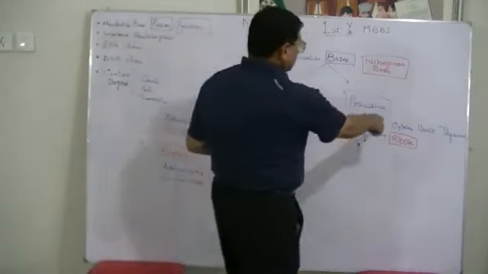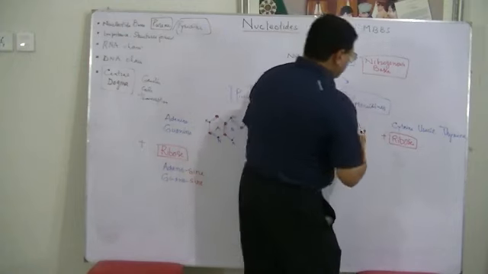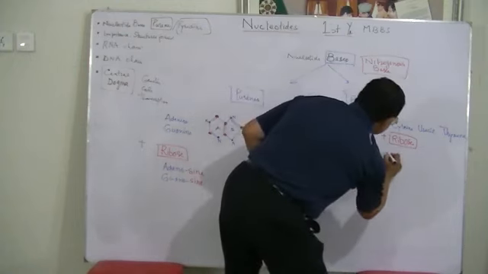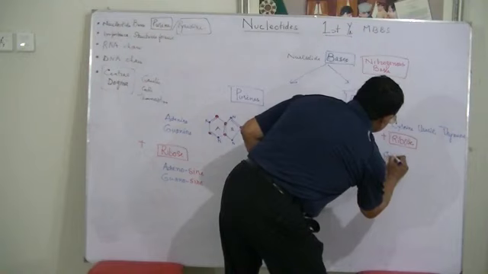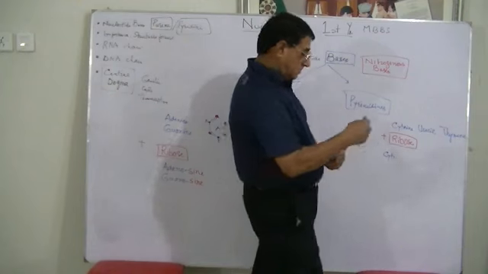Now, cytosine plus ribose, it forms cytidine.